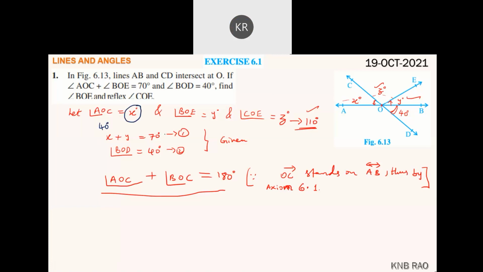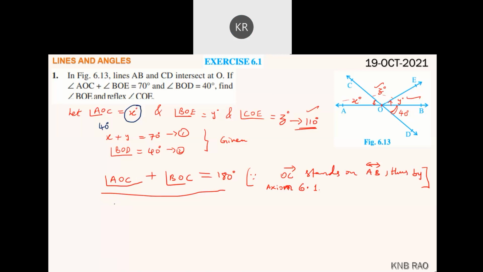Why? Because by theorem 6.1, vertically opposite angles are equal. Angle AOC and angle BOD are vertically opposite angles formed by the two lines AB and CD. That is also one way of approaching. Y will become 30 degrees, Z will come 110 degrees, and AOD will become 140 degrees.